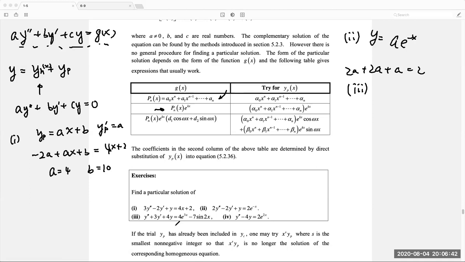Actually, we can separate this one into 2 parts. So we can solve one part by one part. Oh, okay. Because it is a homogeneous.